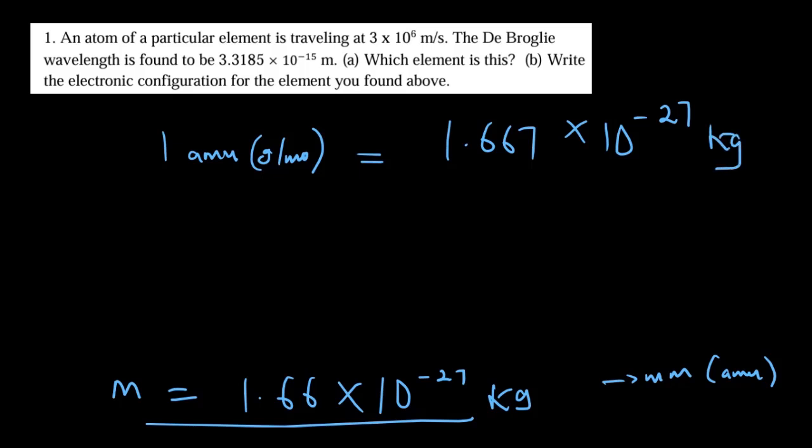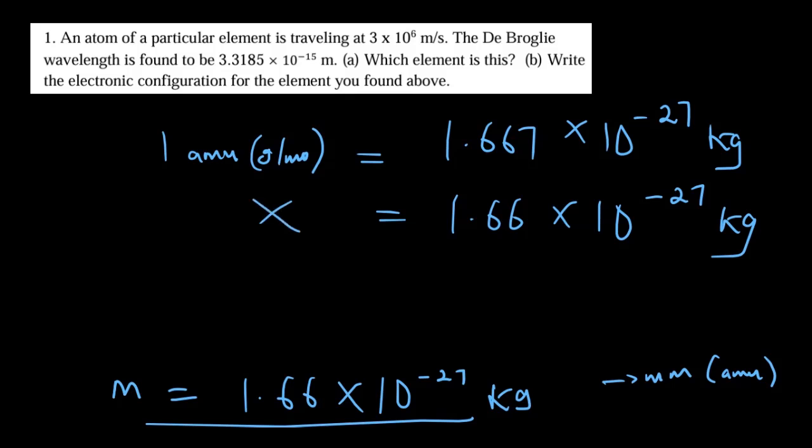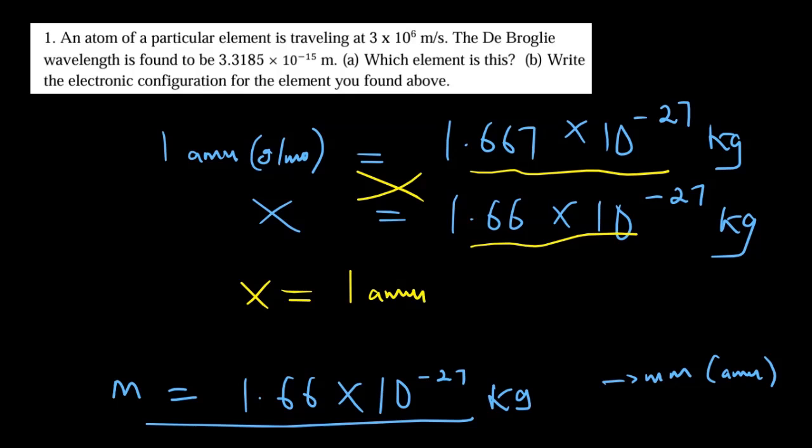Here we found our mass is this, which is almost similar to this. So if we put this mass there times 10 to the power minus 27 kg, and call this x, we can cross multiply. Since this number is almost the same as this, our x will just be 1 atomic mass unit, or like 0.999.